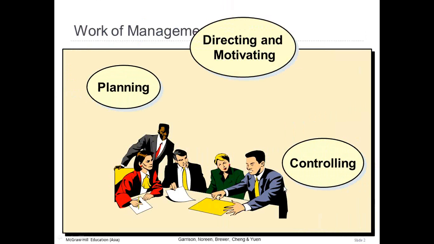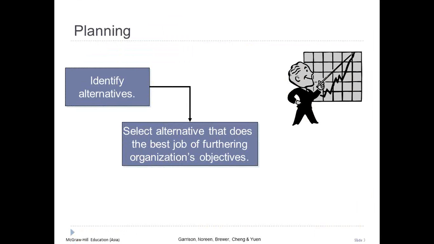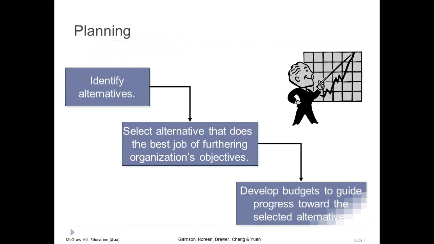Managers carry out three main activities: planning, directing, motivating, and controlling. An important part of planning is to identify alternatives and then to select from among the alternatives the one that does the best job of furthering the organization's objectives.